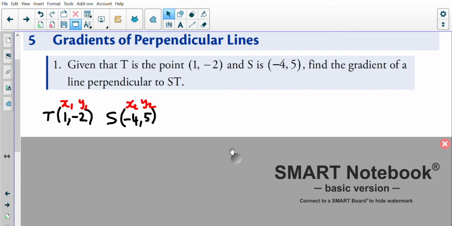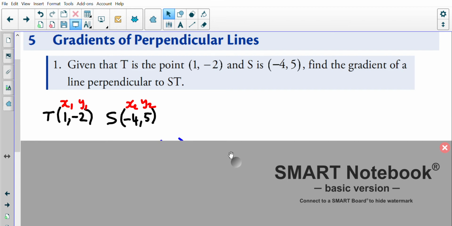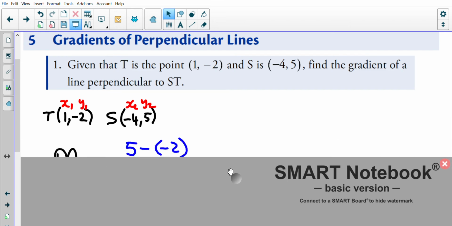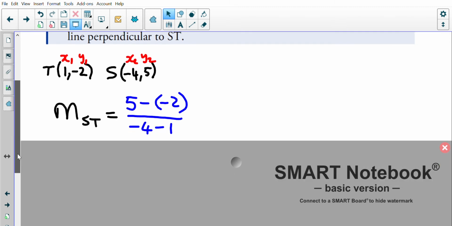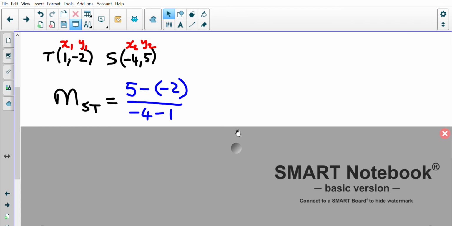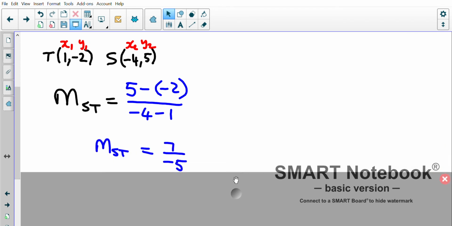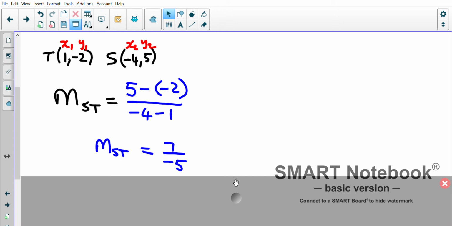If you look at labelling your points x1, y1, x2, y2, sticking them into your gradient formula, you've got 5 minus -2 on the top, -4 minus 1 on the bottom. When you tidy that up, you get a gradient which is 7 over -5. So the top line, 5 minus -2, comes to 7, and -4 take away 1 gives you -5. So that's the gradient ST.